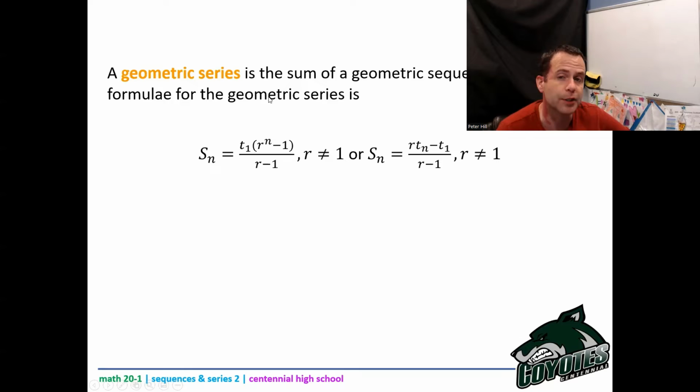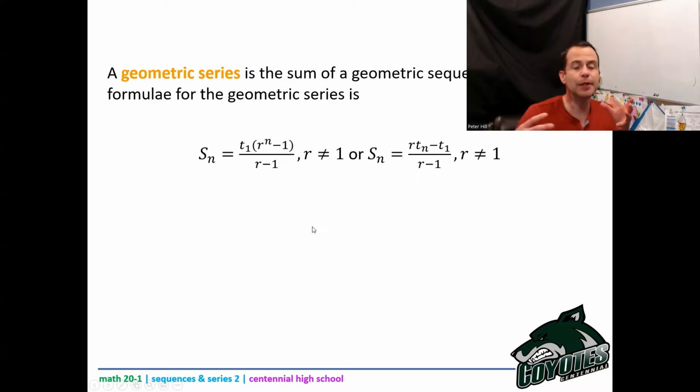The first formula is if we don't know T of n: S of n equals T of 1 times R to the n minus 1 all over R minus 1. Or if we do know the last term, we can use S of n equals R times Tn minus T1 over R minus 1.